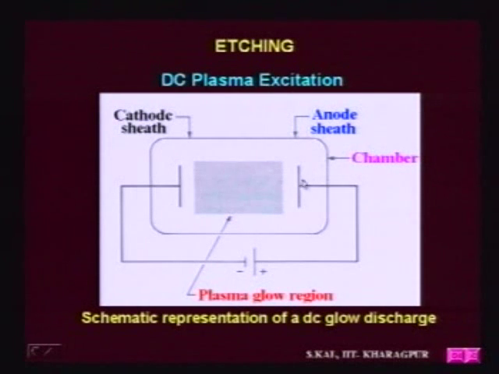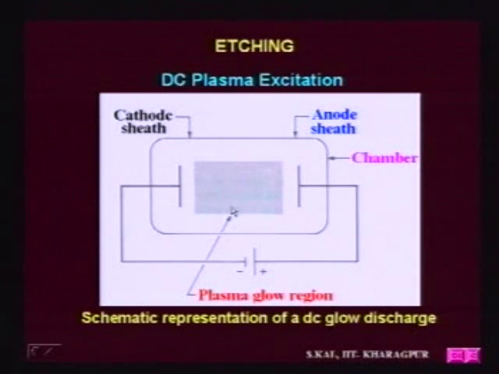So if these electrodes are covered by insulating film, the plasma current will stop, and gradually we will find the ionization decays, and after some time the plasma extinguishes, no plasma.